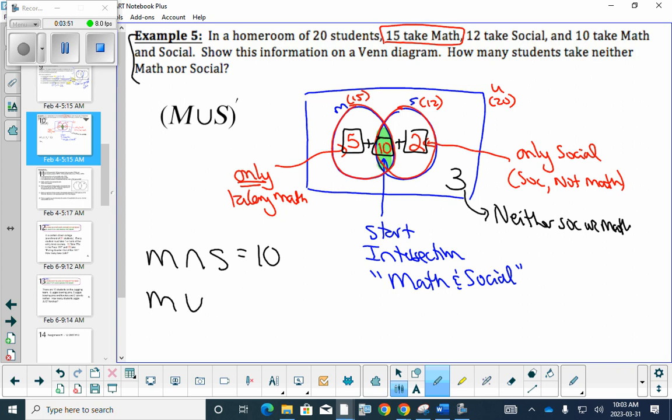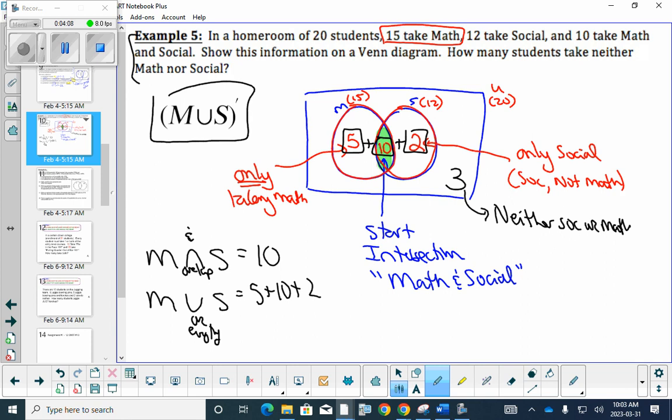Math or social is 5 plus 10 plus 2. So this means and, this means or. This is overlap. This is everything. Okay, this is not math or social. So this is the 3.